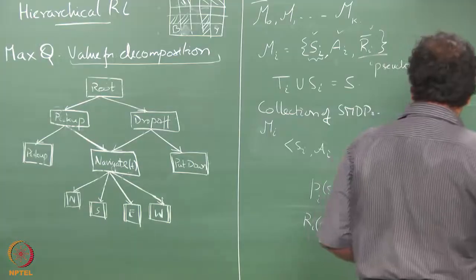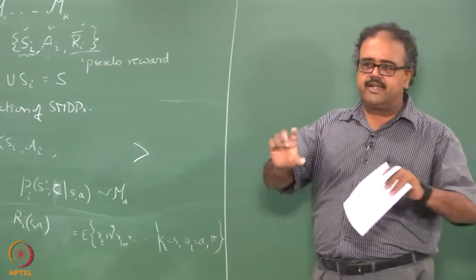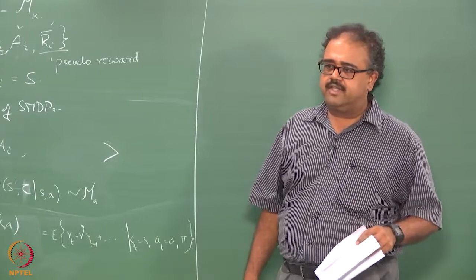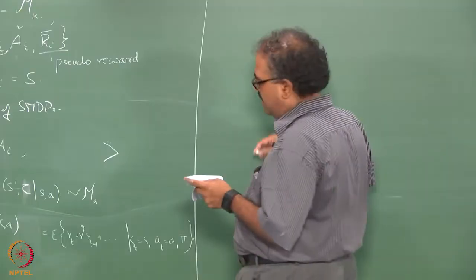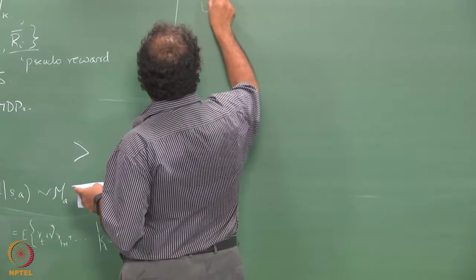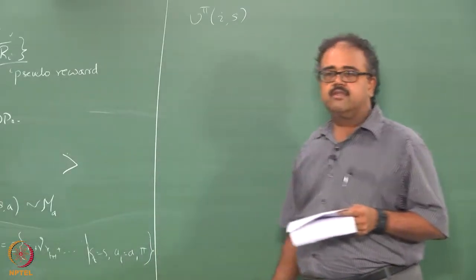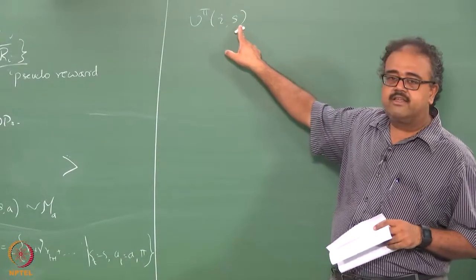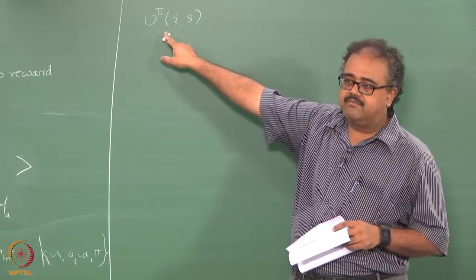Right. So what I am going to do now, now that we have some kind of a definition for the SMDP, okay, is start writing down the value functions, and then we can worry about how we will learn those value functions, right. So that is essentially what we are looking at. I am going to use the following notation. I am going to say V pi (I, s) is the value function of state s in task I, right.